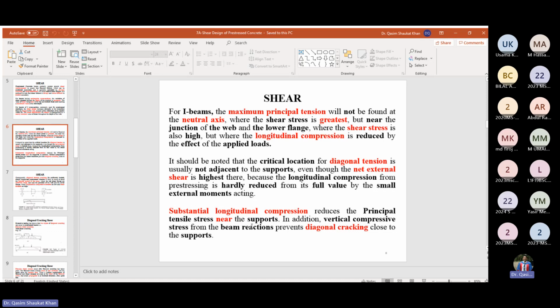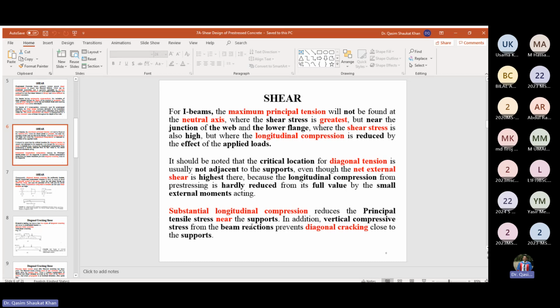Why? Because we know that principal stresses, they are maximum over the principal planes, and over the shear planes we have maximum in-plane shear stress, and over the shear planes we have average normal stress.